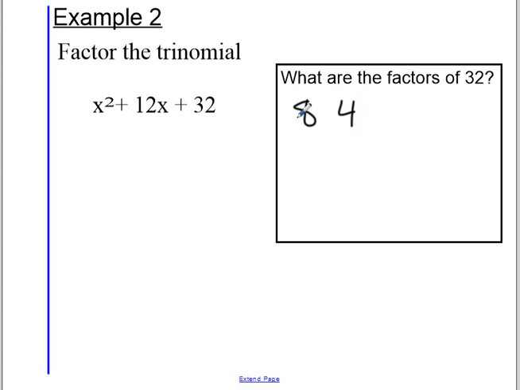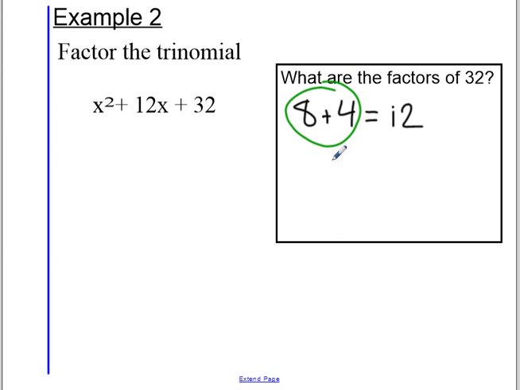Is there a way to use 8 and 4 with positive and negative signs so that we get a 12? If I put a plus between them, 8 plus 4 is 12. So a positive 8 and a positive 4 will multiply to make the 32, but will add to make the 12. This pair of numbers is the pair that will fit.